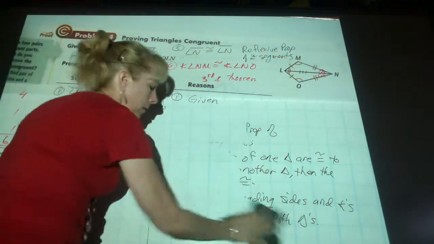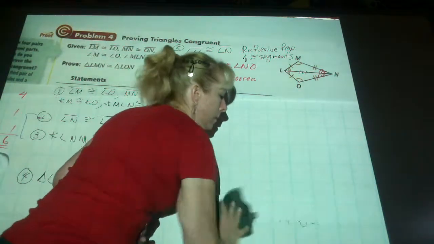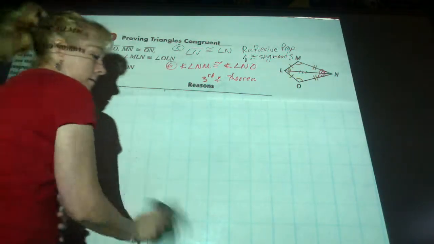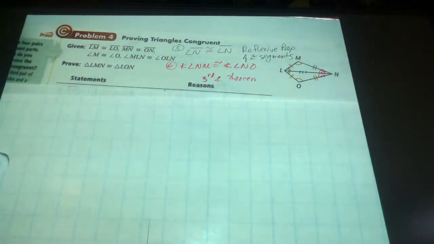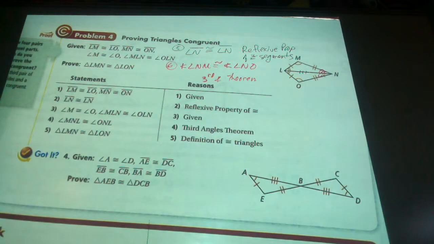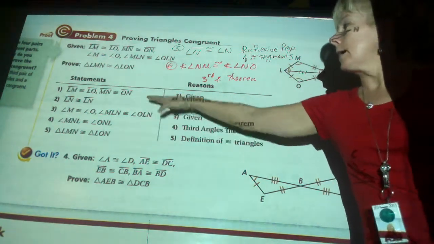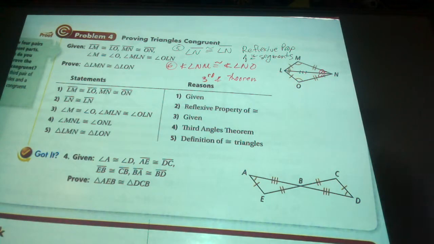So let's look to see what their proof said. Let's unveil it. So they went ahead and split their given up as predicted. They put their angles and sides in 2 different givens. I don't find it necessary to do that.